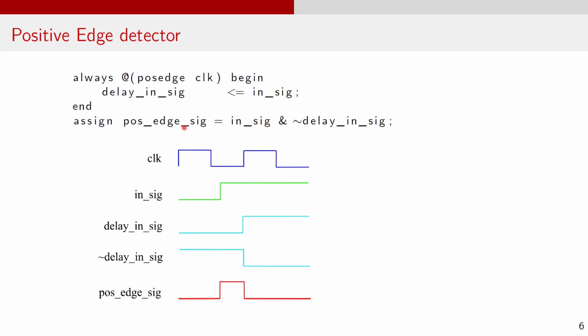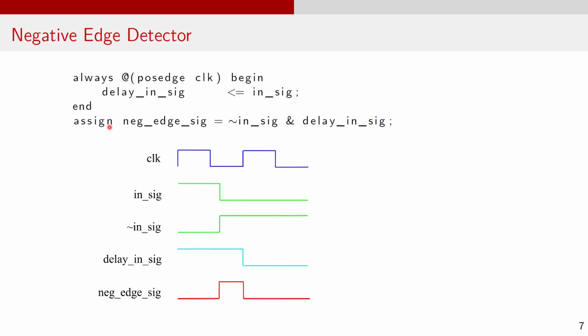This way, an output pulse is generated whenever signal in_sig transitions from 0 to high. Here are the waveforms for the signals in this code. In the waveforms, we observe that a pulse is generated precisely at the rising edge of the monitored signal in_sig.